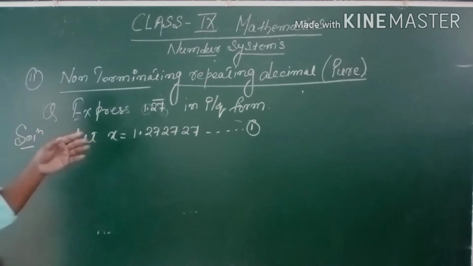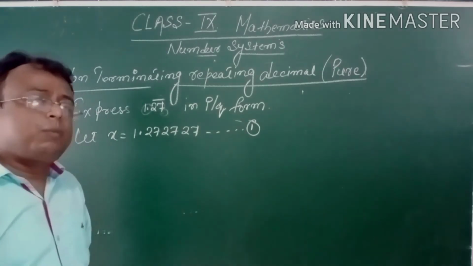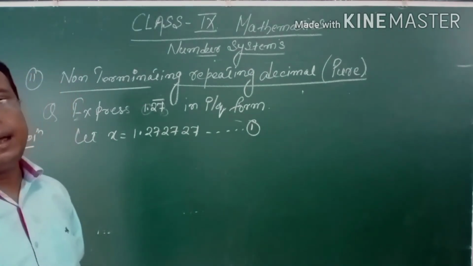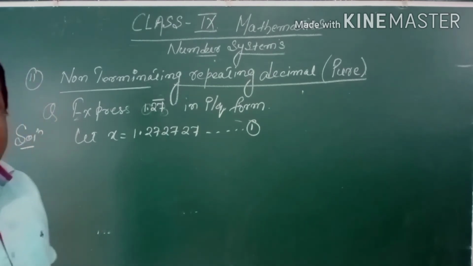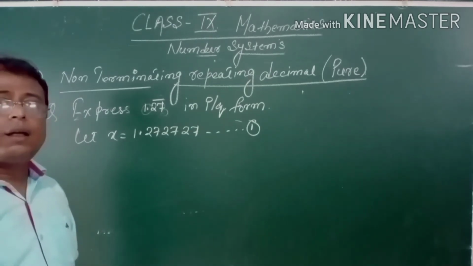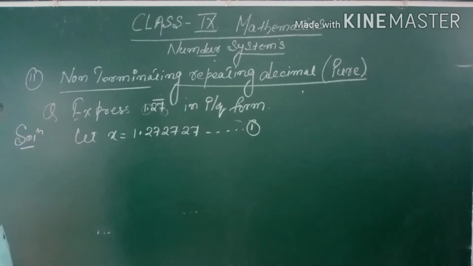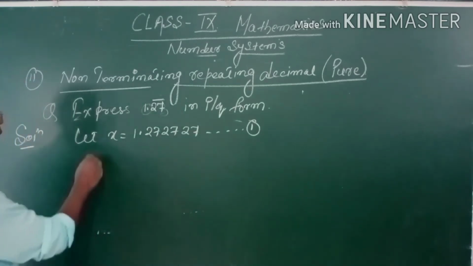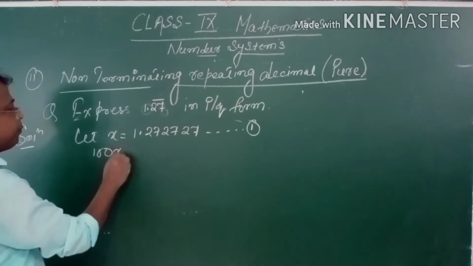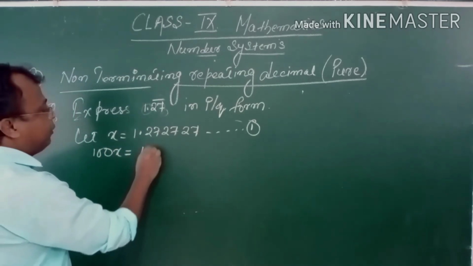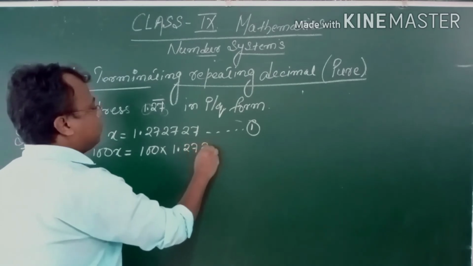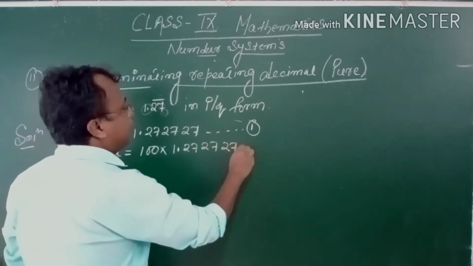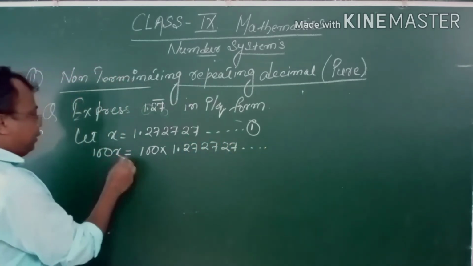Now here in this case 2 digits are repeating, means 27 is repeating again and again, means we have to multiply equation number 1 by what? 100 or 10? Yes, it is 100 because 2 digits are repeating. So 100 into x is equal to 100 into 1.27 dot dot. Now 100x.